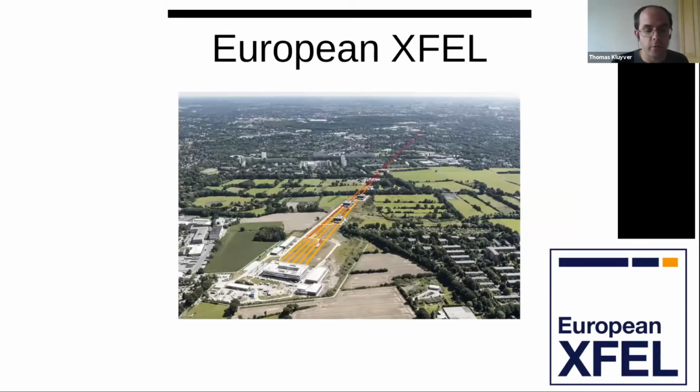So first off, I'm going to talk about how we're using virtual data sets at European XFEL. So this is a free electron laser facility just outside Hamburg, which started operations in 2017. So it's still fairly new, and X-ray laser pulses are generated by electrons sent through the red part, and then the orange parts in this diagram convert those to X-ray pulses, and they hit samples and are detected by various kinds of instruments.